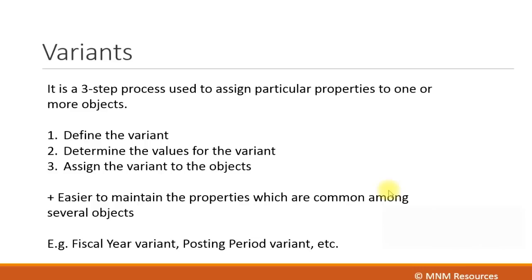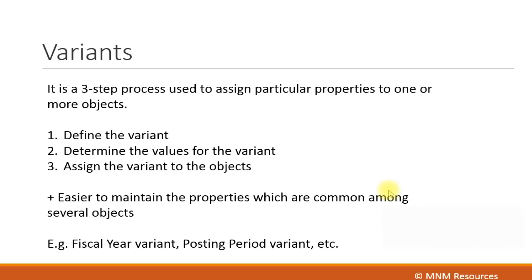And what is the advantage of having a variant? Well, the main advantage is maintaining the properties of the variant, which is common among several objects. That is basically the maintenance. For example, you can have a fiscal year variant from January to December, and all the company codes which have a calendar year of January to December can use that same fiscal year variant.